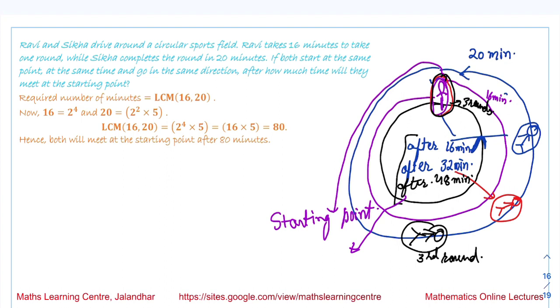So what we are saying is, we are calculating the least common multiple of both these values. That is, least common multiple means, if I am talking about the multiples of 16, I am talking about the multiples of 20. Why multiples? I am talking about this person over here.